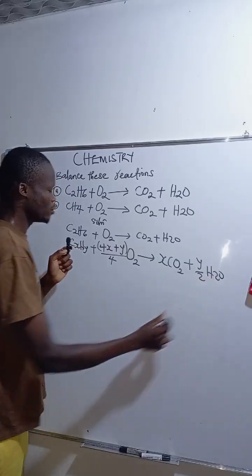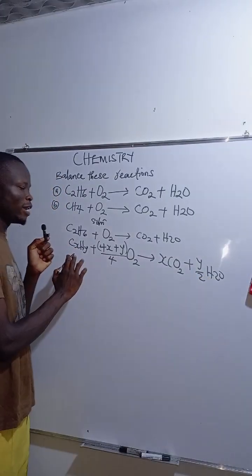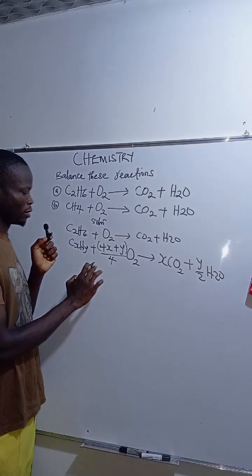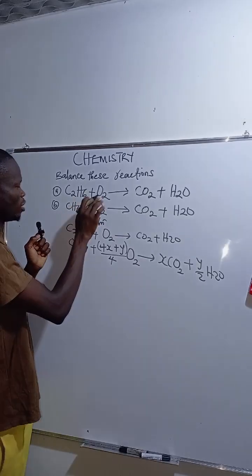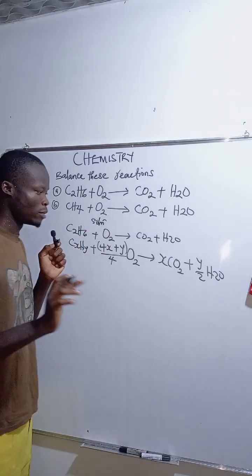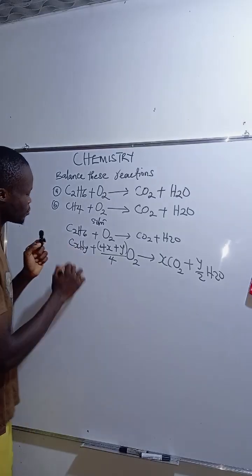So if you're able to master this general formula for combustion of organic compounds, you'll be able to balance any combustion reaction involving an organic compound. So let us solve it together.